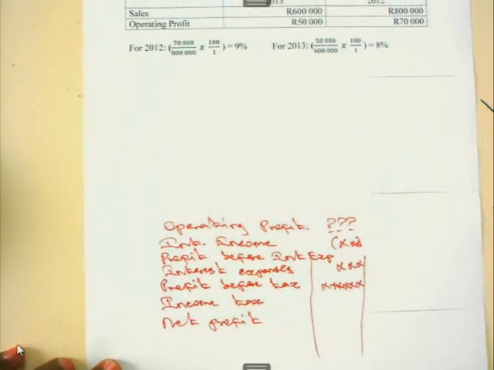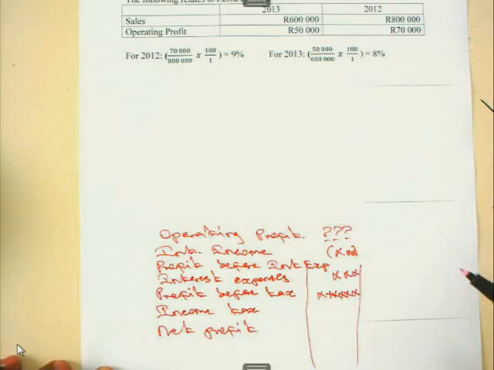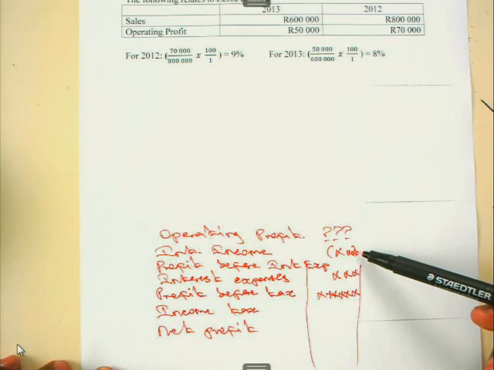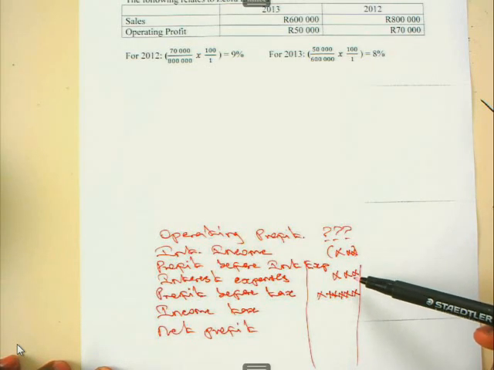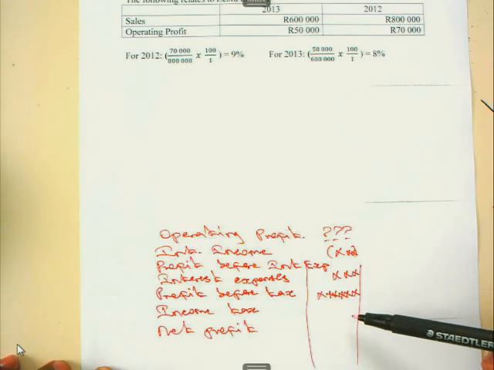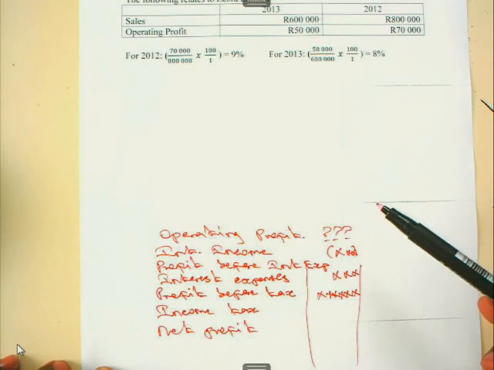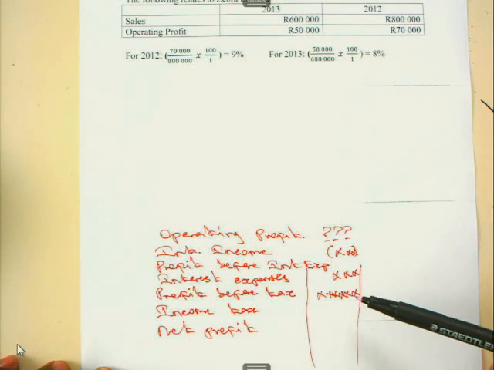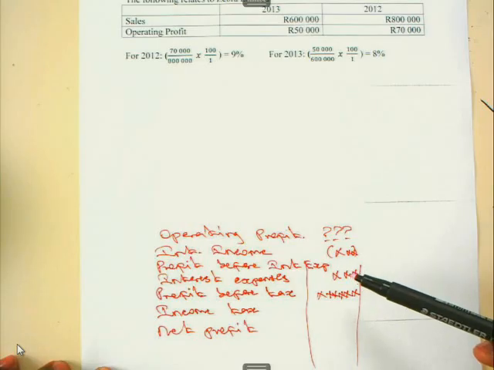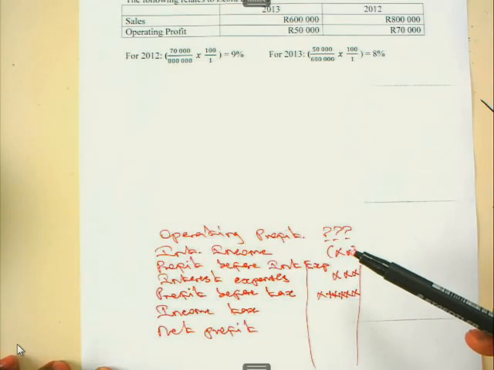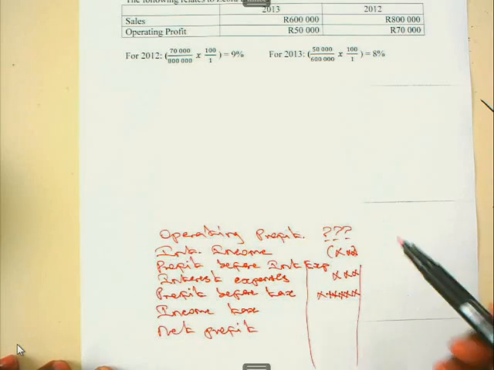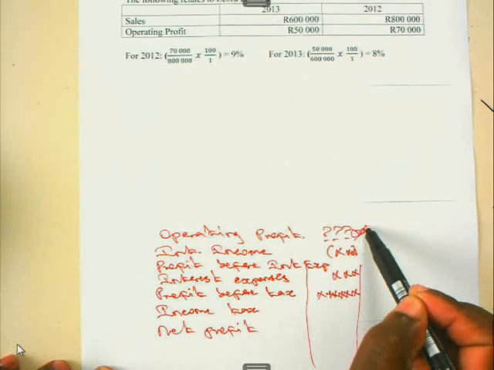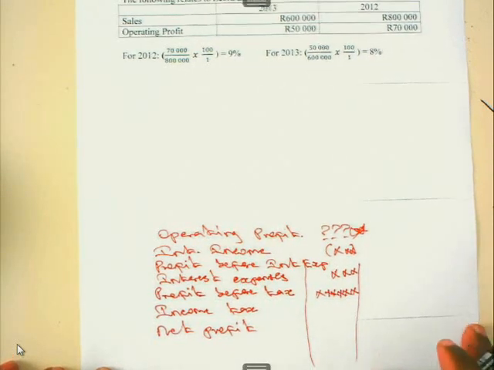You are calculating it going backward. We know when you go down, interest income is added, interest expenses is subtracted. But because you are calculating it moving upwards, that is the reversal entry calculation, you take the profit before tax, you add interest expense, you subtract interest income, we are moving up. Then it will give you your operating profit.